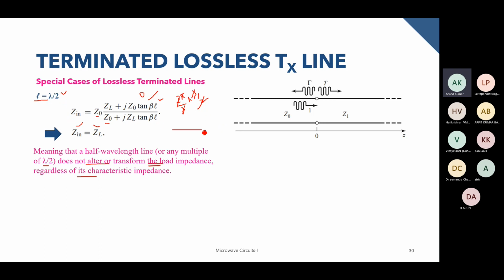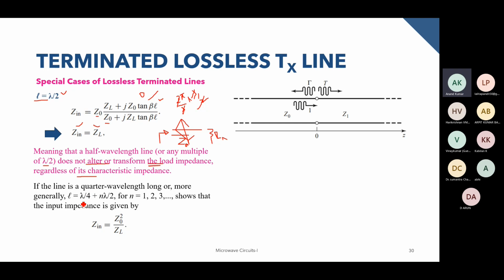For example, if you have a transmission line with some characteristic impedance Z naught and some load ZL attached, whatever this Z naught may be, if the length is lambda by 2, it won't matter. You will only see ZL.